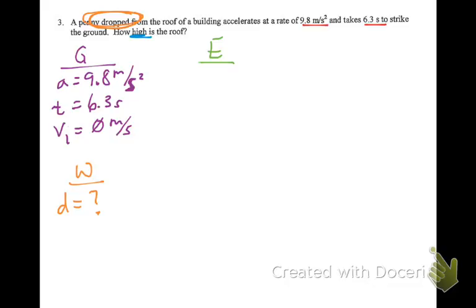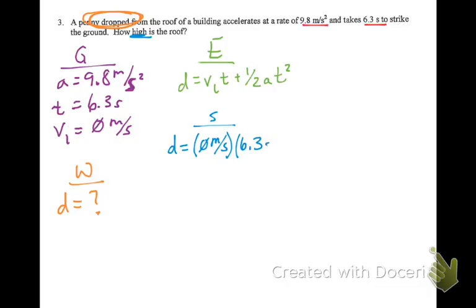D equals VIT plus 1/2 AT squared. And let's substitute everything in. So we've got our initial velocity of 0. We've got our time of 6.3 seconds.